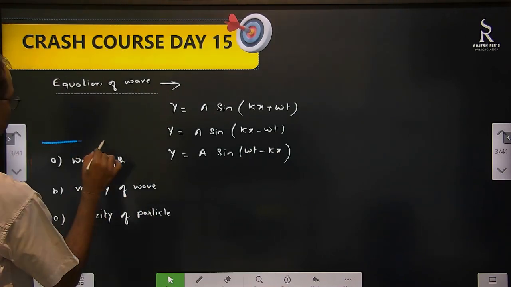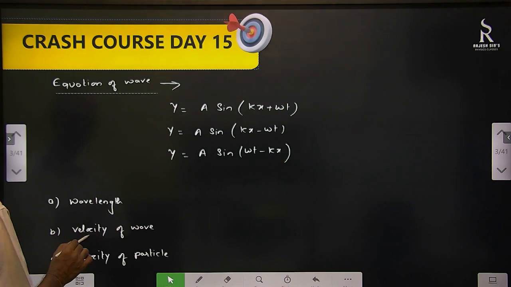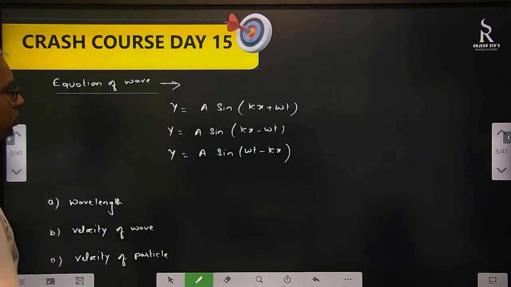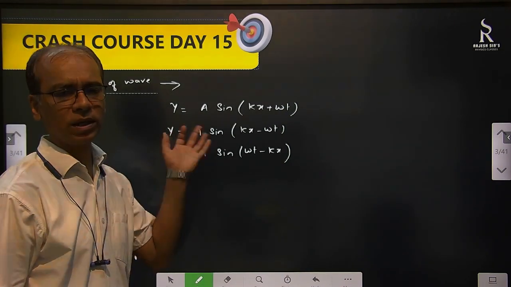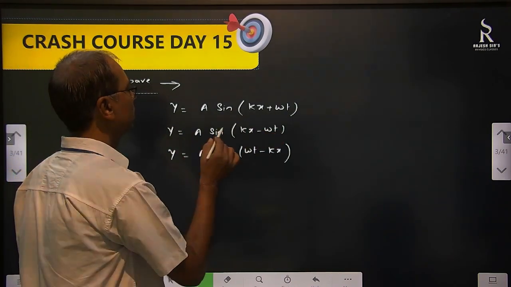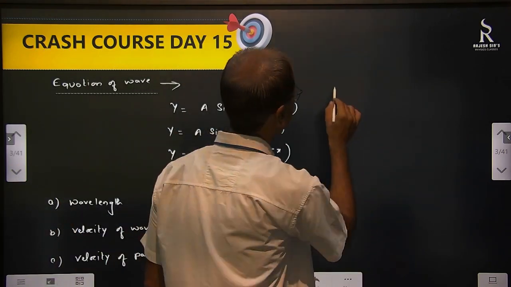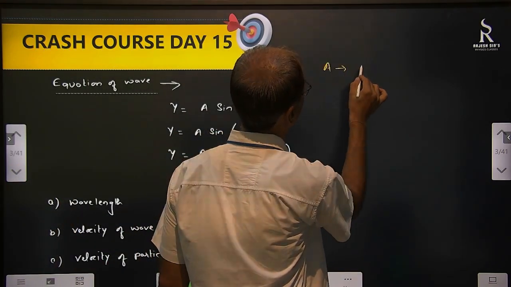Like this it is shown to you. How it came, we are not going into that right now. So what is this? A represents amplitude. And what is amplitude?